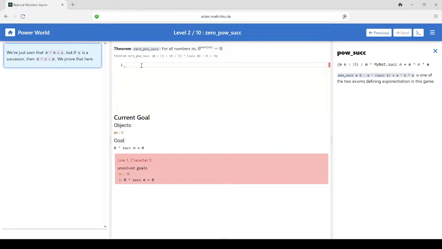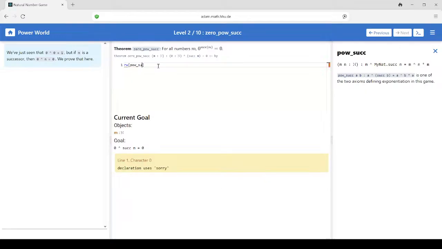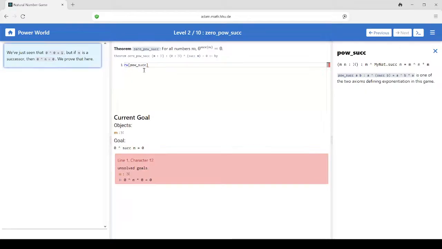So I assume we're going to use Pao successor. What exactly did that do? We went from 0 to the power of the successor of m to 0 to the power of m times 0. Okay, yeah, that makes sense.